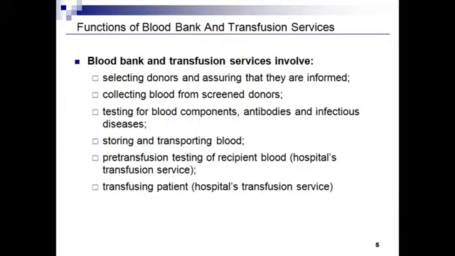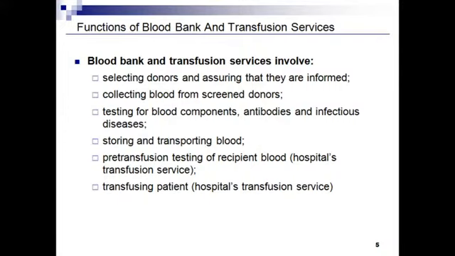Blood bank and transfusion service involves selecting donors and assuring that they are informed. All the donors must be informed about downsides of the blood collection, of the blood taking from their cardiovascular system. Collecting blood from screened donors.